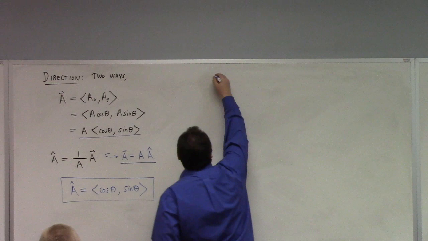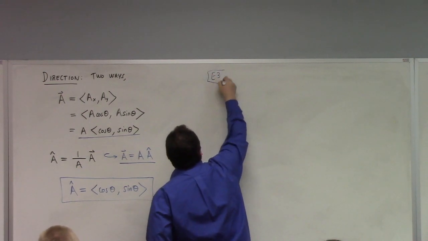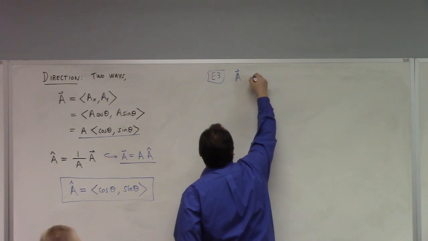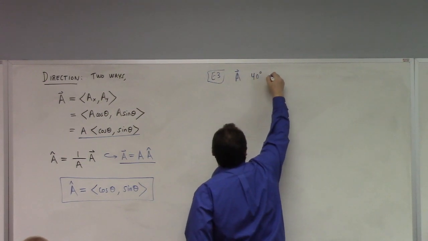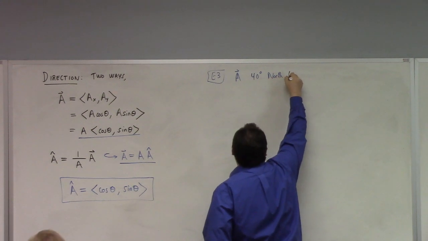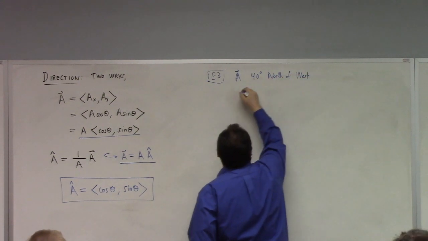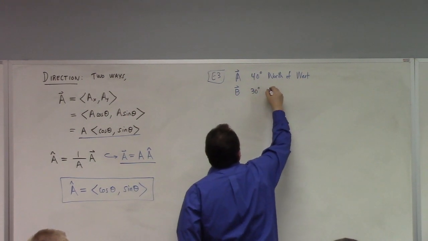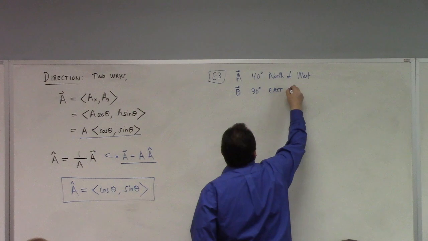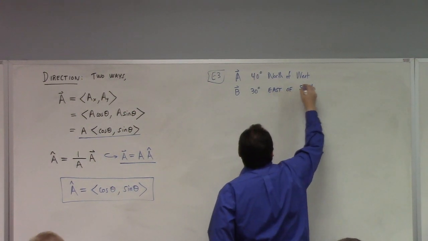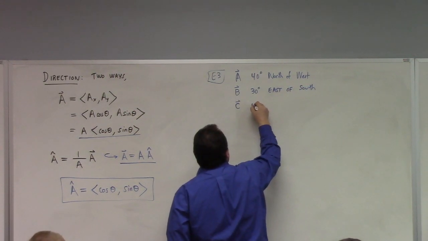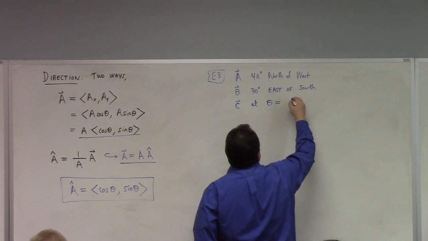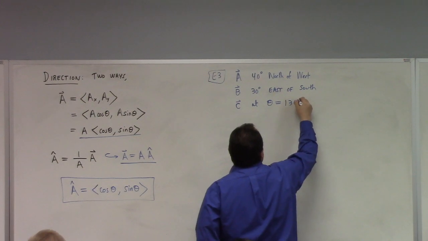Example 3. Suppose we have A, which is 40 degrees north of west. We have B, which is 30 degrees east of south. And then C, which is at the standard angle theta equal to, I don't know what you guys want, 130 degrees.